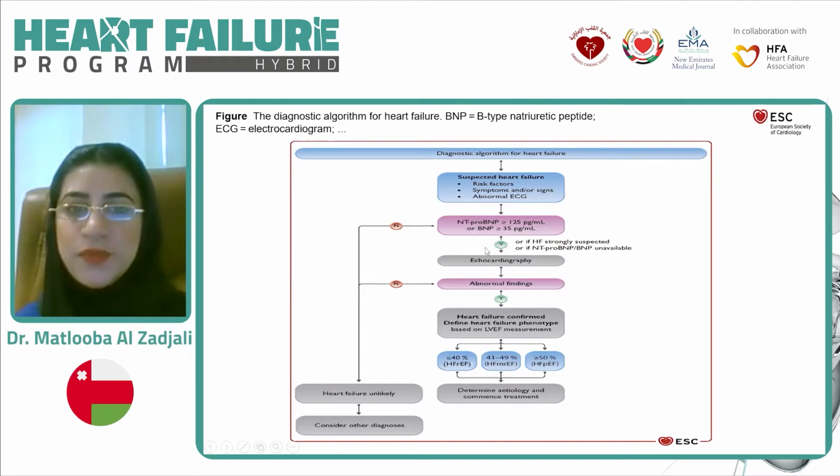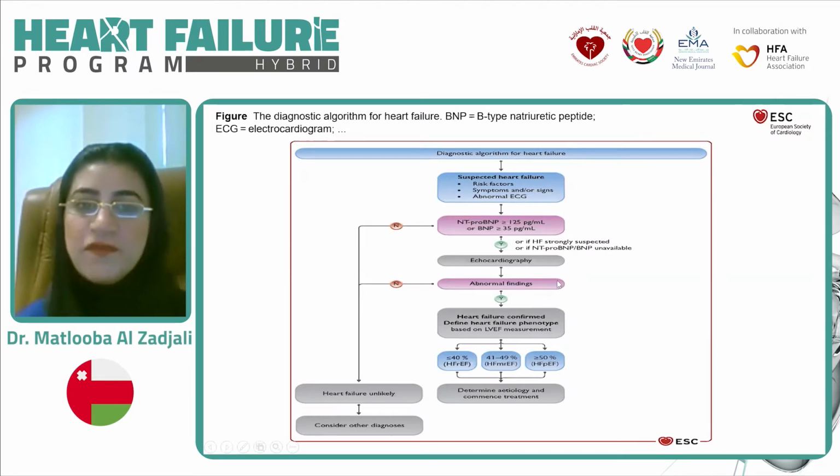If the NT-proBNP or BNP is above the cut point level as per the guideline, then you need to consider echocardiography for confirmation of the diagnosis. And then if the echocardiography shows that there is heart failure, or suspected chronic heart failure, or the diagnosis is confirmed, then you need to define the heart failure phenotype based on the LV ejection fraction measurement.